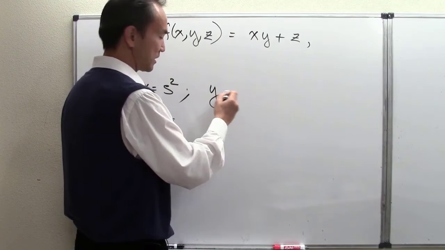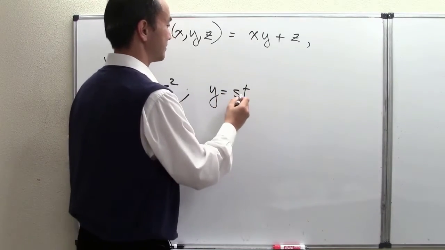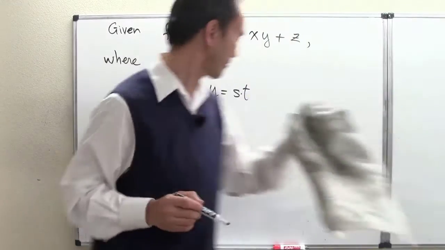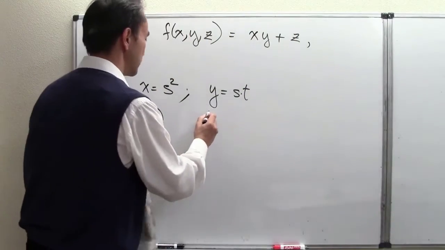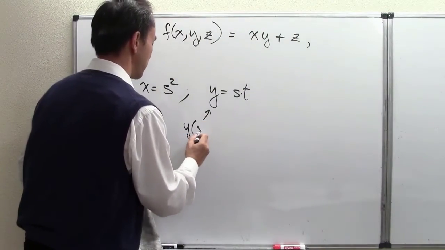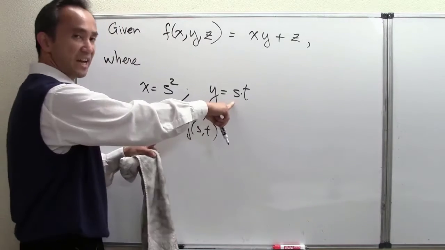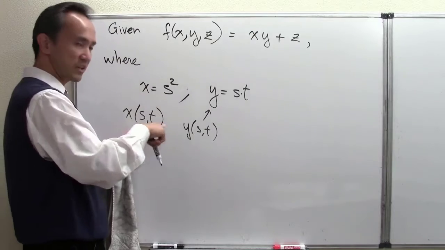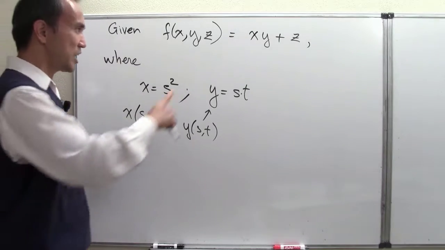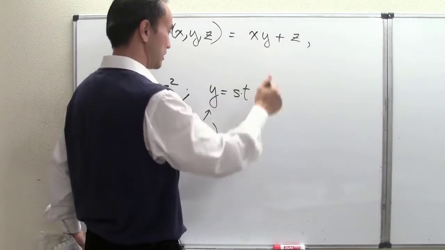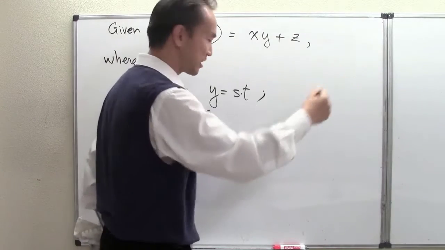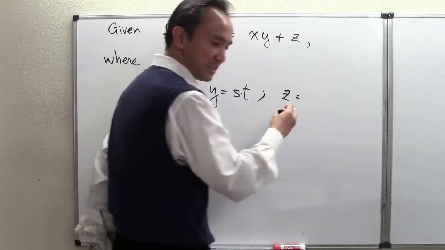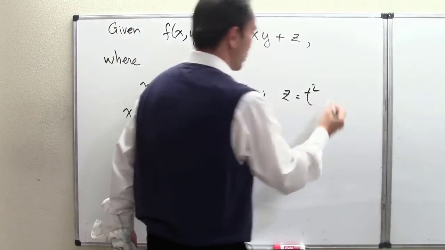y is s times t, so clearly y is a function of s and t. By the same argument, x can also be regarded as a function of both s and t. Like I said, each of the variables is further a function in terms of s and t. So z is defined as t squared.